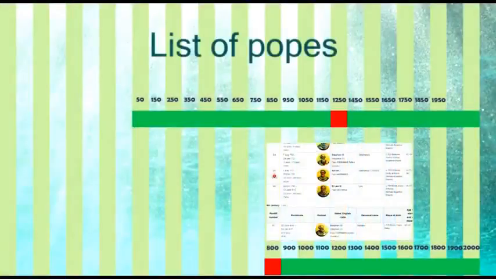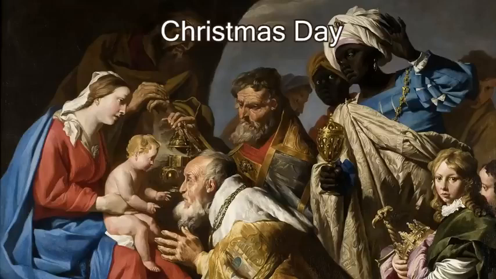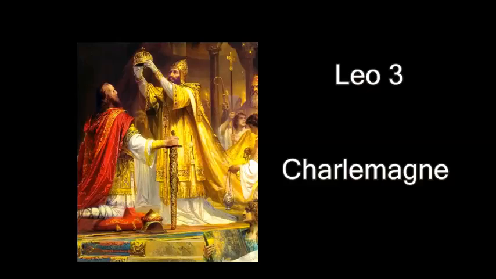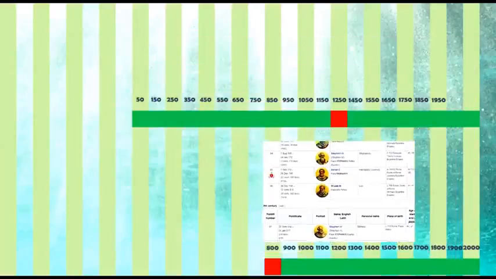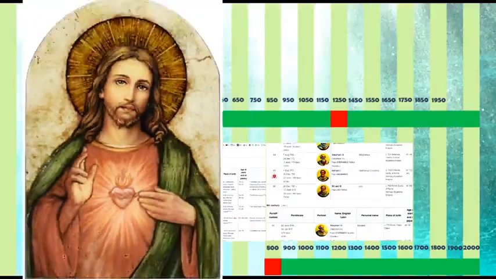Let's take a look at the list of popes. On Christmas Day of the year 800, Leo III is crowning Charlemagne as Holy Roman Emperor. So we have the first list, put the remaining 800 years next to it.